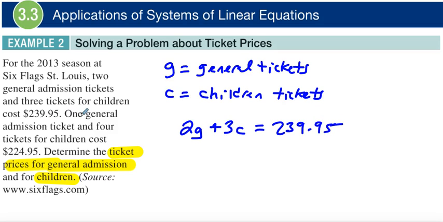And then they give us another scenario, 1 general admission ticket, so that's 1G. And again, in mathematics, we don't write the 1 there. It's always there, but we don't write it down. 1 general admission ticket and 4 children tickets, so 4C, that equals $224.95. Great.